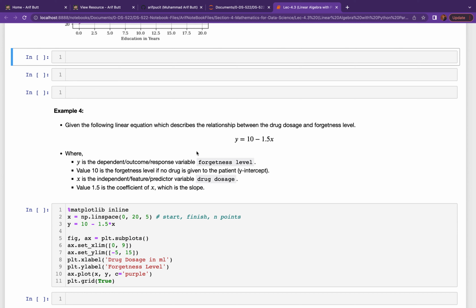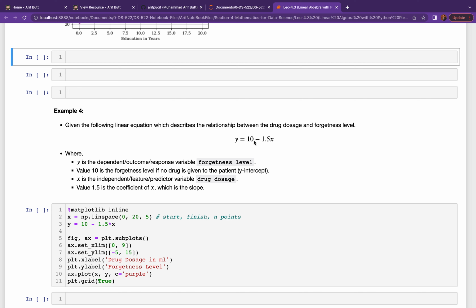Well, this is another equation. Let's suppose that this is the equation which gives you the relationship between two variables, the drug dosage and the forgetfulness level of a patient. Y is the dependent variable, that is the forgetfulness level of a patient. X is the independent variable, that is the drug dosage.